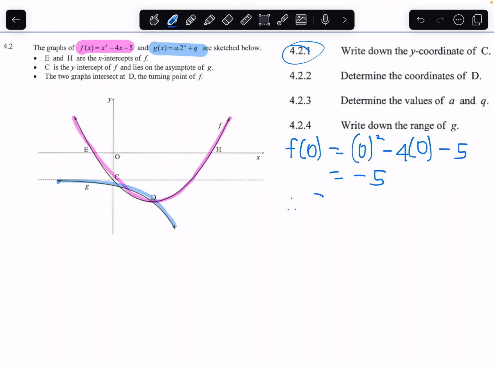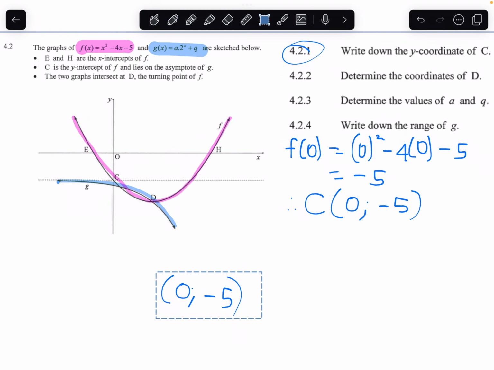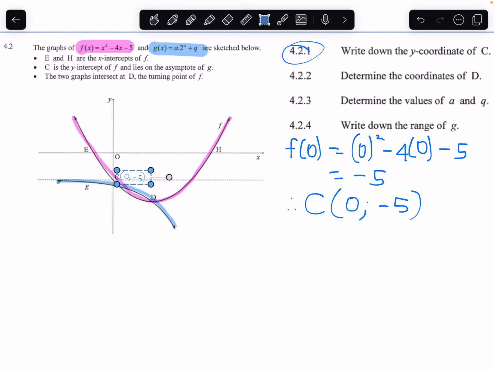And so the coordinates of C are going to be 0, negative 5. Just going to fill that in on my diagram. Okay, right. And that also then tells us the asymptote of g, right? That will be y is equal to negative 5.